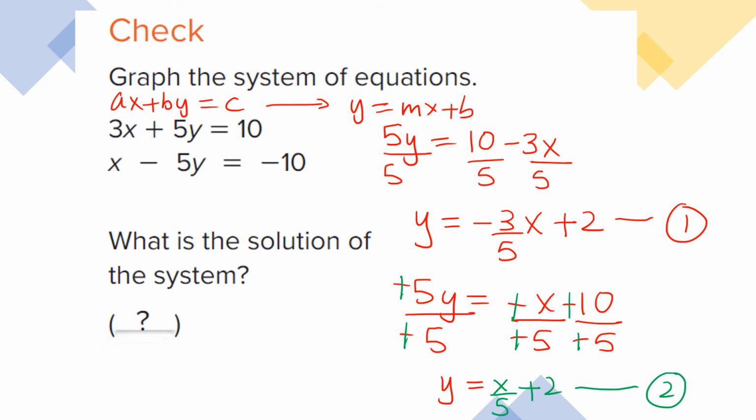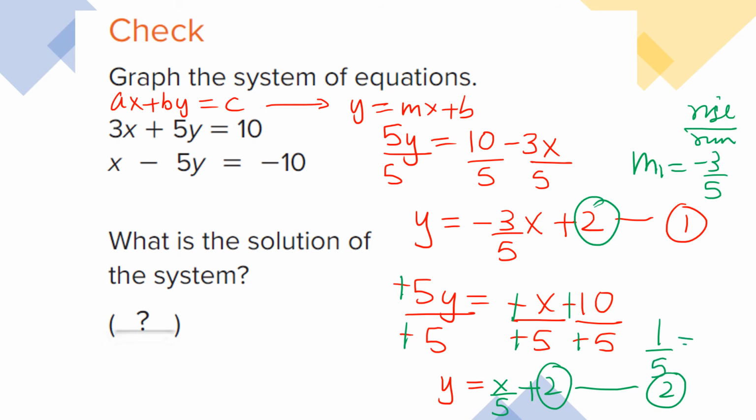So both the equations, if you see carefully, the value of b1 and b2 is same. The slope m1 is minus 3 by 5, rise over run, and here the slope is 1 by 5. This is the value of m2. So you have to find the solution of the system of equations.